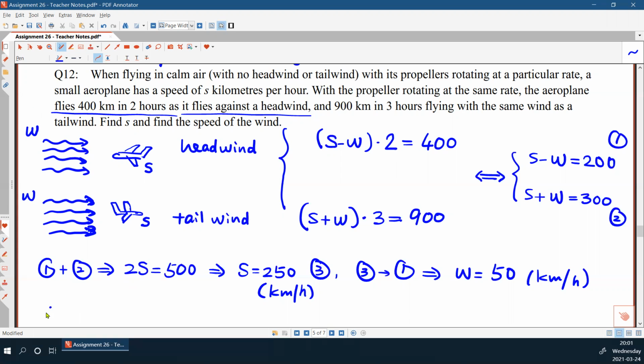Okay, so now we can make the conclusion. S is 250 kilometers per hour, and the speed of the wind is 50 kilometers per hour.